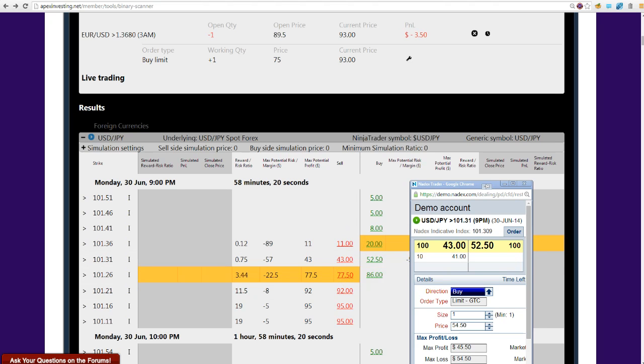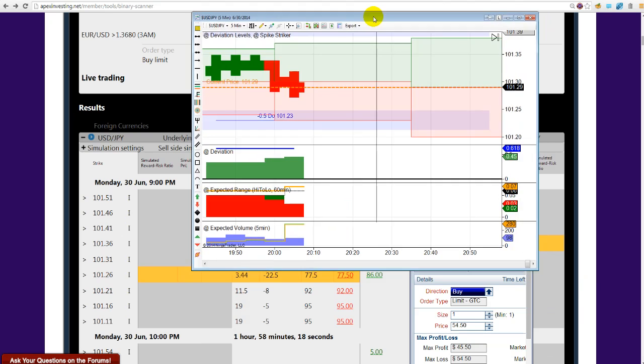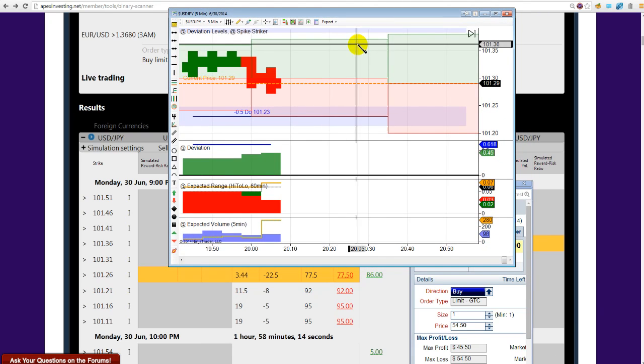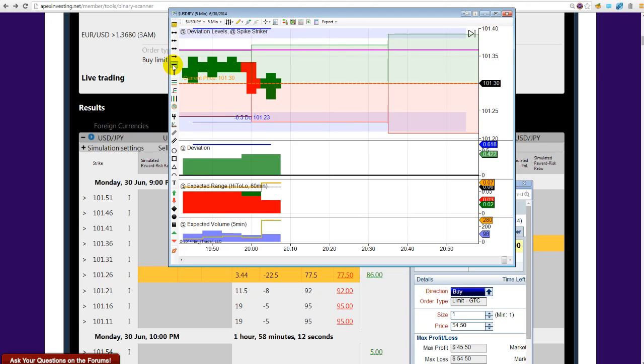So let me show you on a chart, what would a strangle look like? If I went in here and I bought a contract, I'd be buying one up here above 101.36 or down here below 101.26. Let's mark that on the chart.